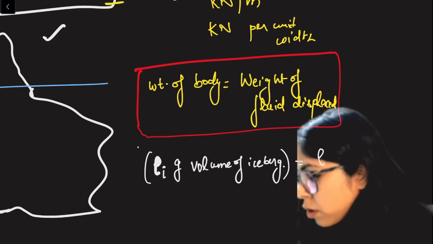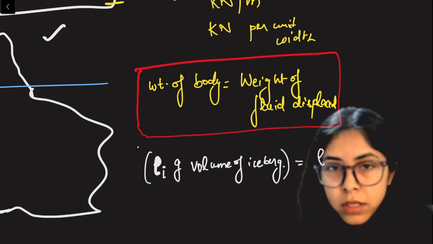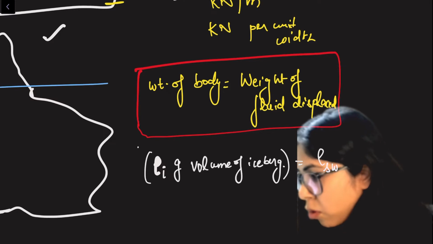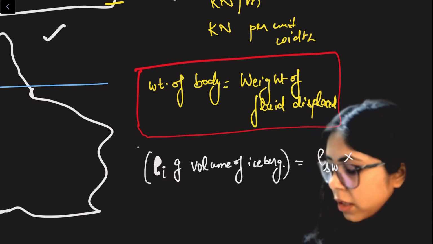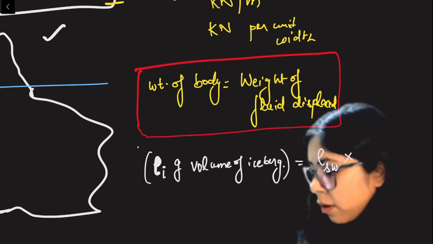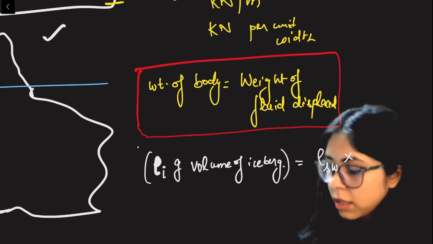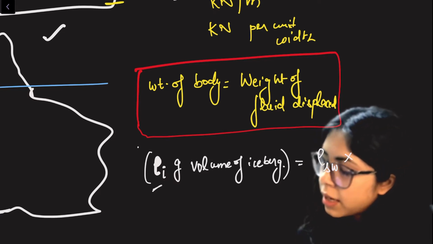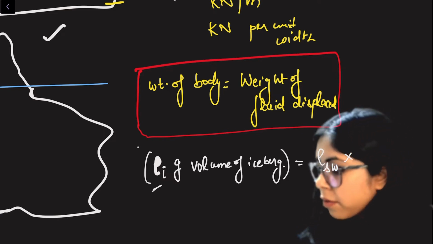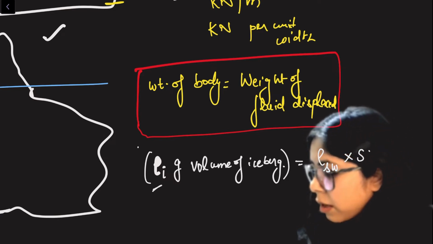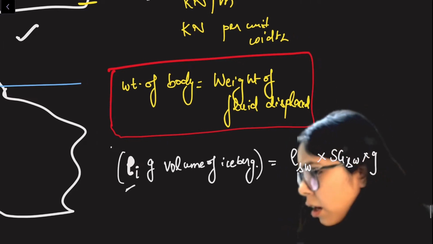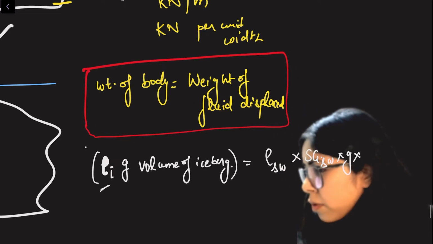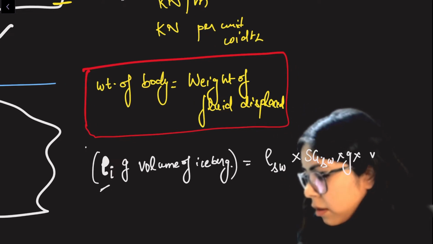So the density of your seawater, let's say seawater is SW, into the specific gravity. See, if it is water specific gravity is 1, we don't need to include that in this particular equation. But if there is any other liquid other than water, we have to specify its specific gravity as well. Okay, specific gravity of seawater, then G, and then volume of iceberg.